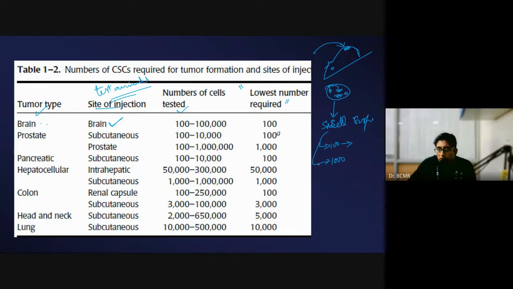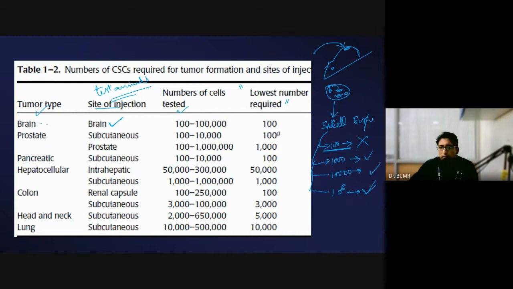You give 1,000 cells, 10,000 cells, or say 6 or 8 cells, and then they will see whether a tumor has formed or not. Here it might have formed, this one also, and this one did not form. When you give only about 100 cells, probably the tumor has not formed.